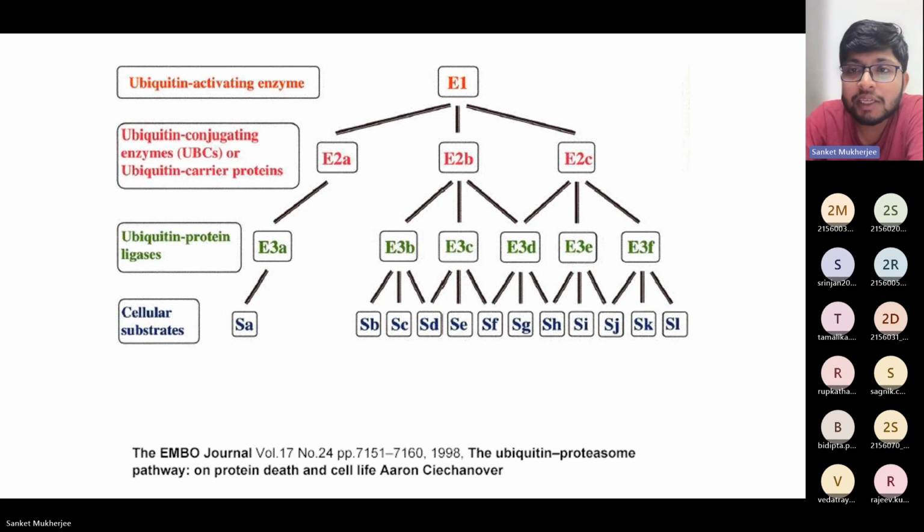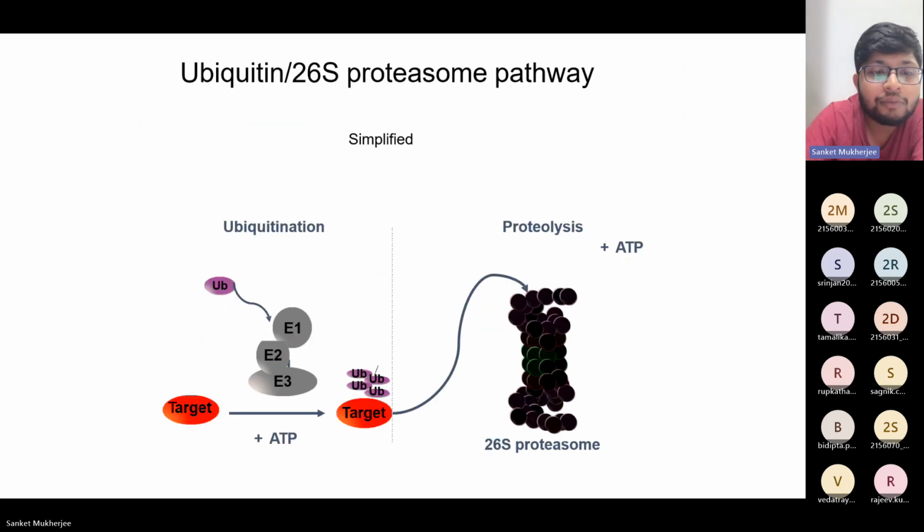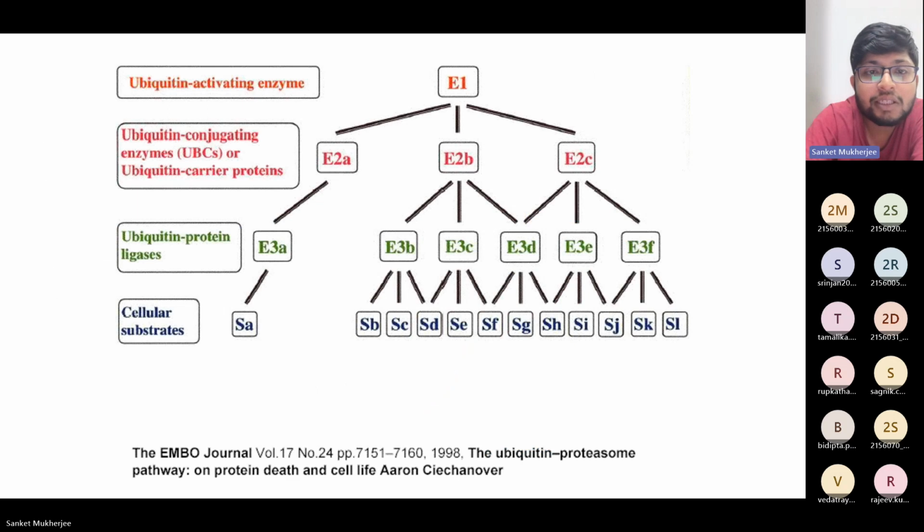So that's why they are high in number. They will take the ubiquitin from E2 and place it on your target protein. So if you see the previous diagram, ubiquitin attaches to E2, and E3 helps this ubiquitin relay from E2 to the target. So that is the function of these three.